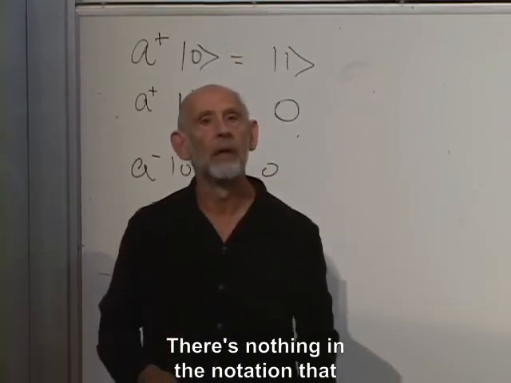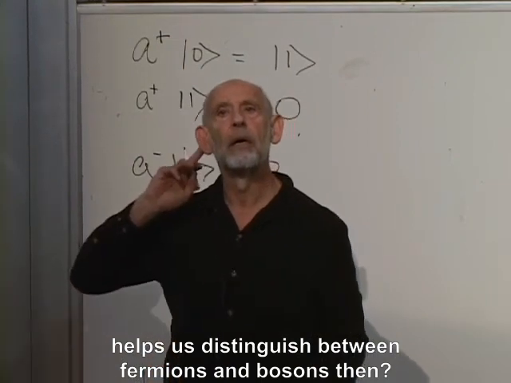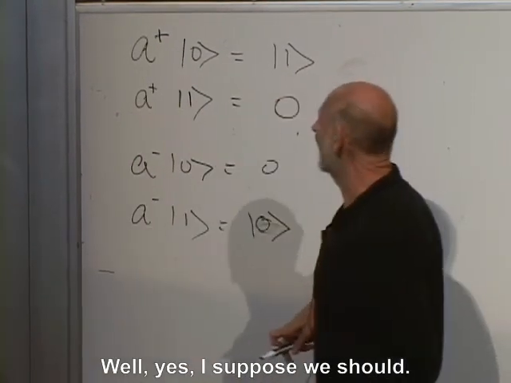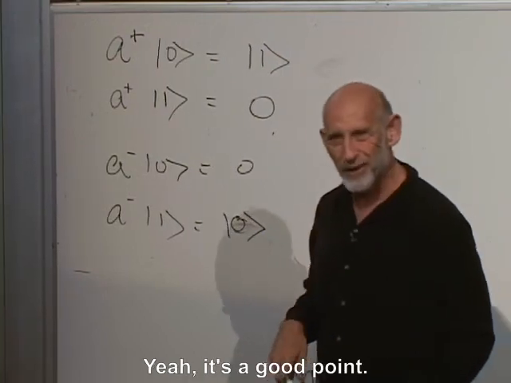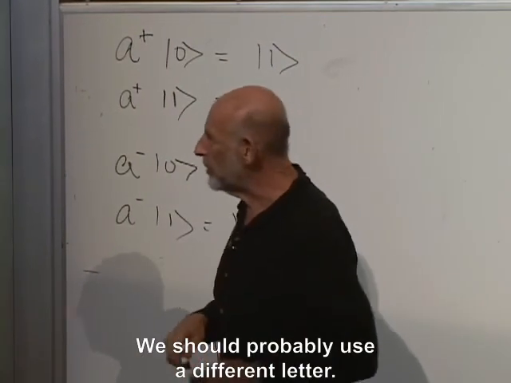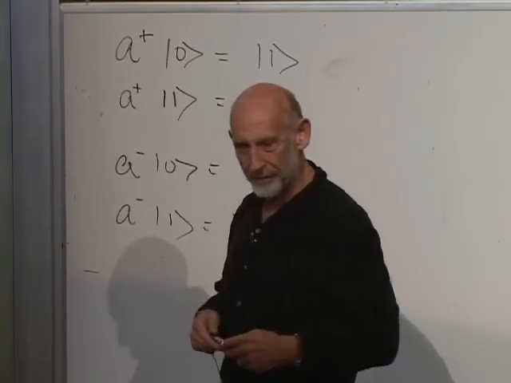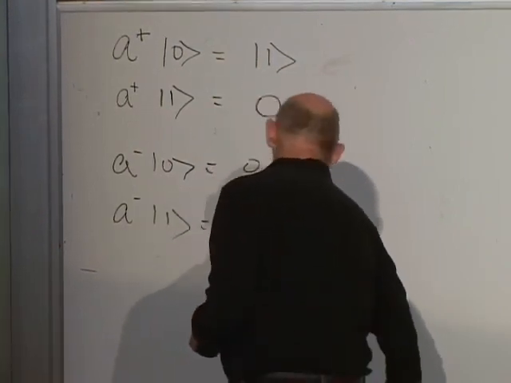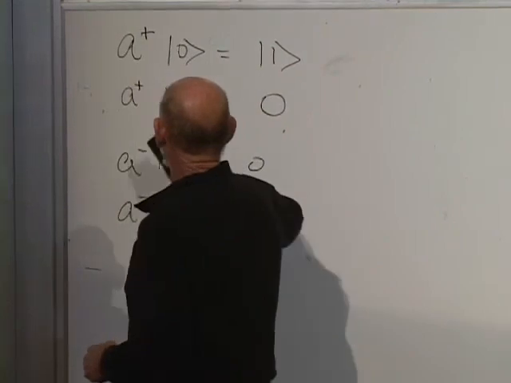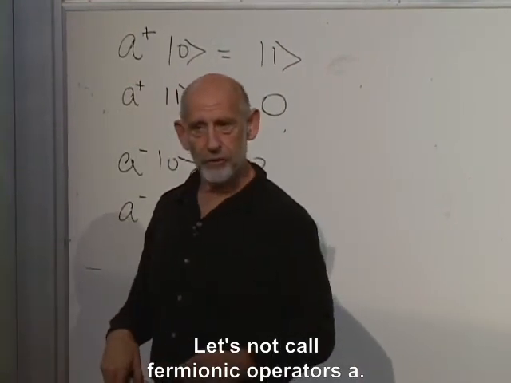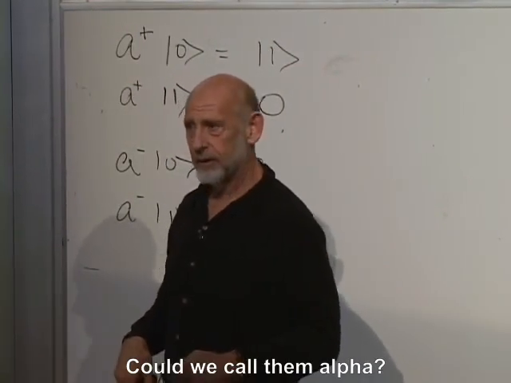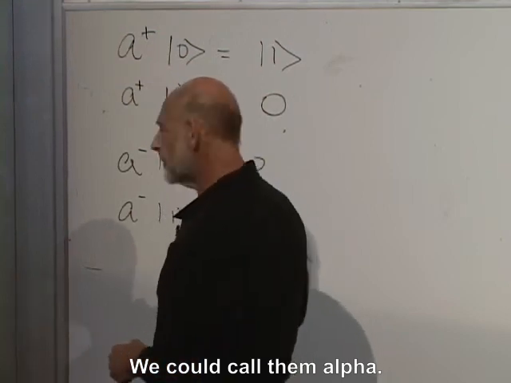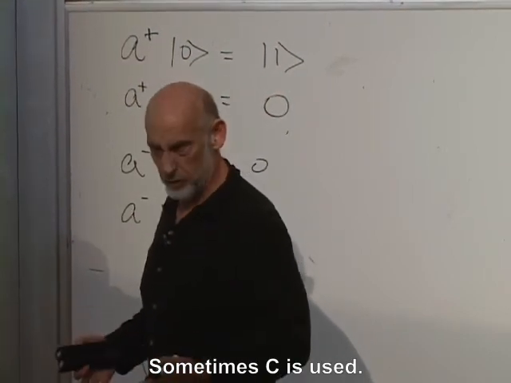There's nothing in the notation that helps us distinguish between the fermions and the bosons then? Well, yes, I suppose we should. It's a good point. We should probably use a different letter. Let's not call fermionic operators A. We could call them alpha. Sometimes C is used.